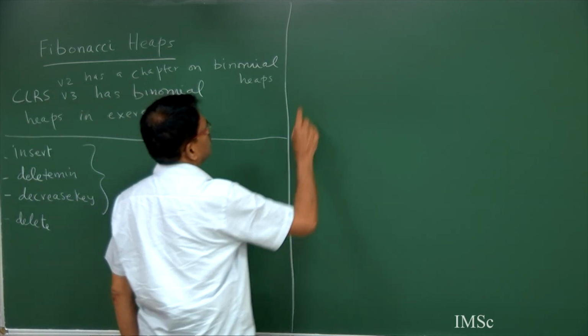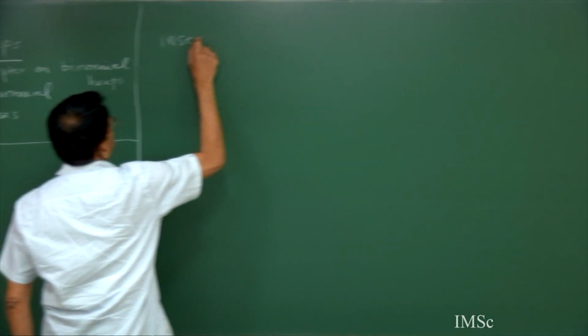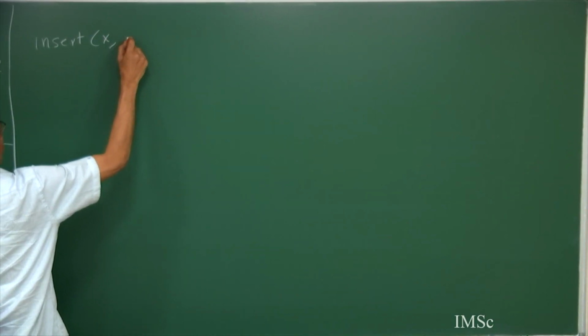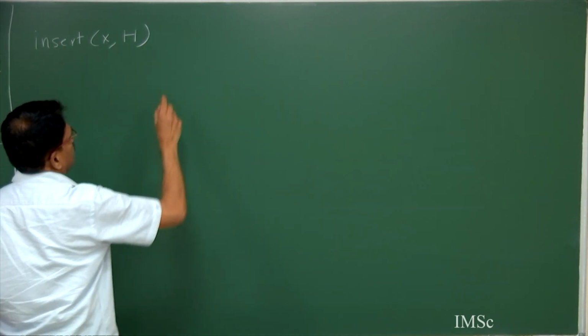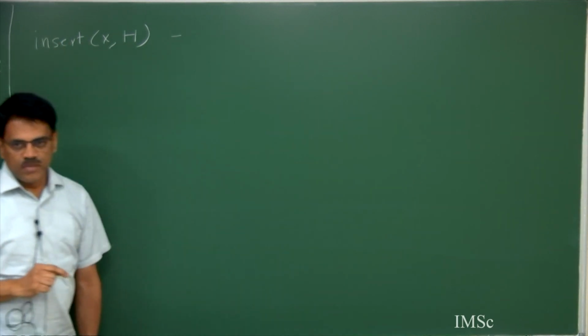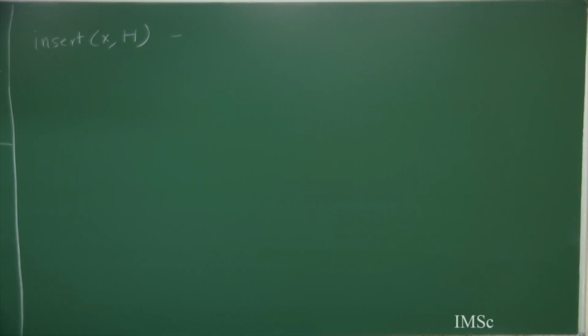So what are we going to do for insert into my heap? What did we do in binomial heap? We created a B0 node with that element and then checked my queue to see if there is another B0, then I merged them and then I continued.